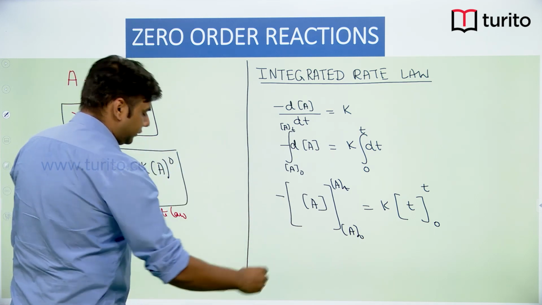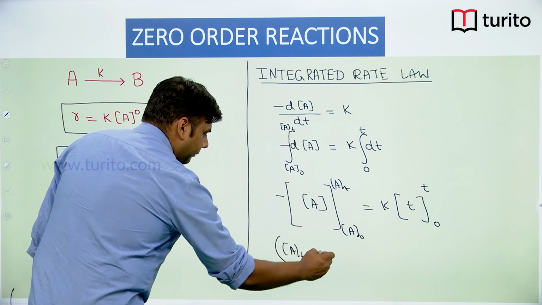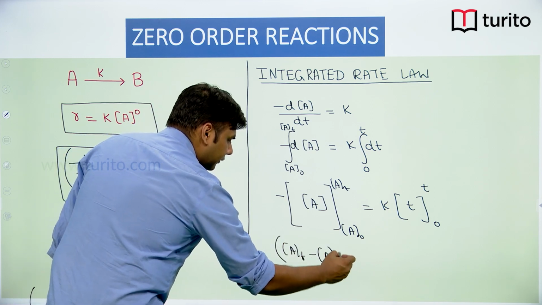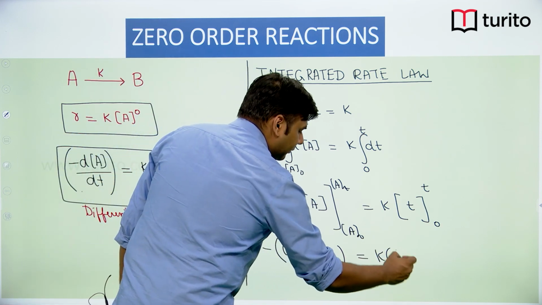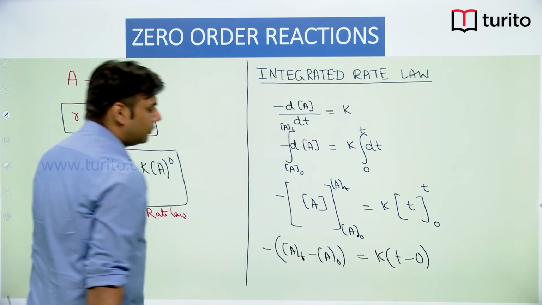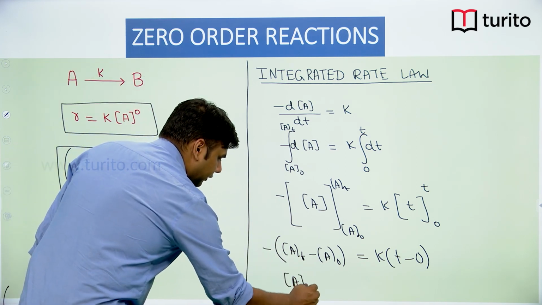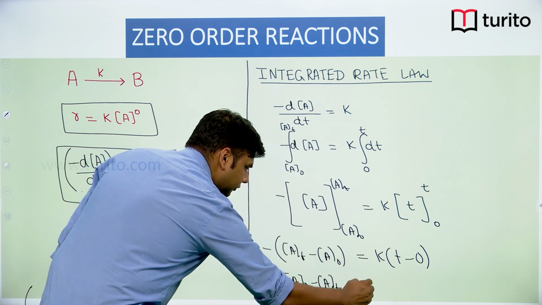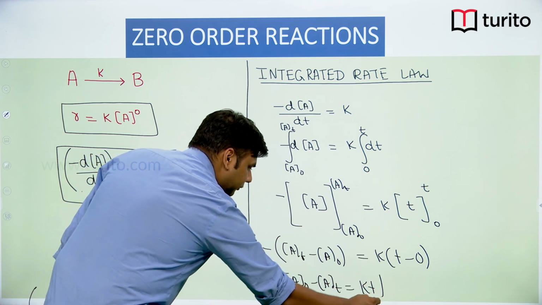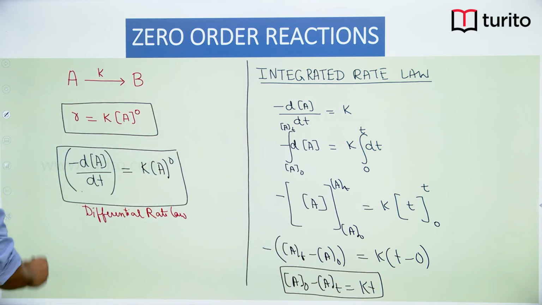So when we do this, it becomes At minus A naught, with a negative sign outside. This is equal to kt minus 0. Okay. So when we rearrange this, this becomes A naught minus At equals kt.